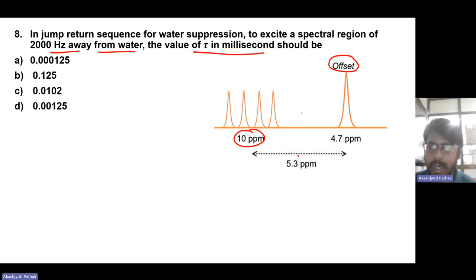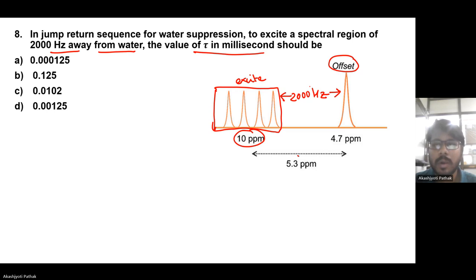It is just for representation. This is the spectral region that you want to excite, and this spectral region is 2000 hertz away from the offset. So what should you keep the value of tau?